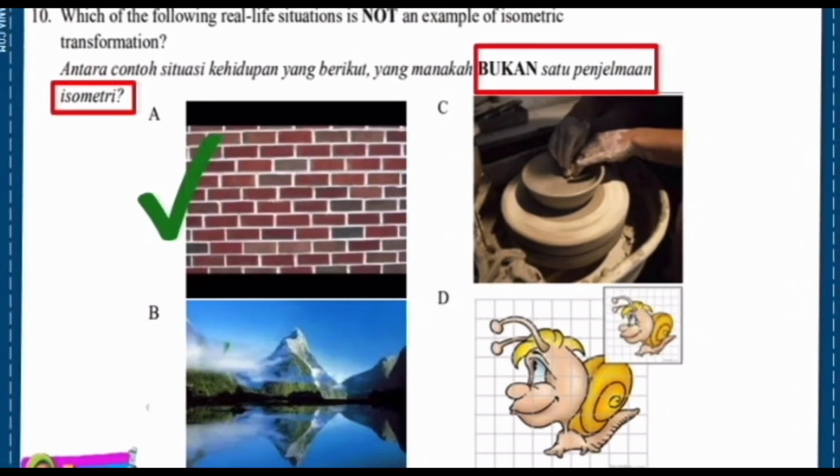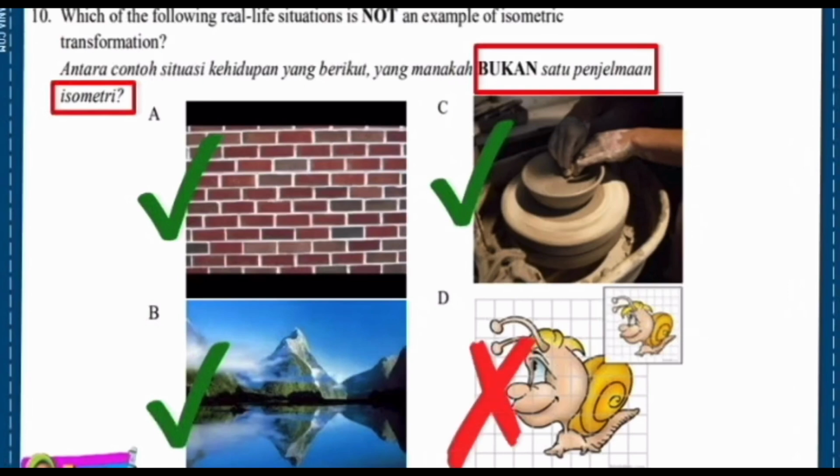You can see there is a common characteristic between them, and you can draw the symmetrical line between them. This one also no problem. Then we have another one. The last one is actually not, it is enlargement, right?